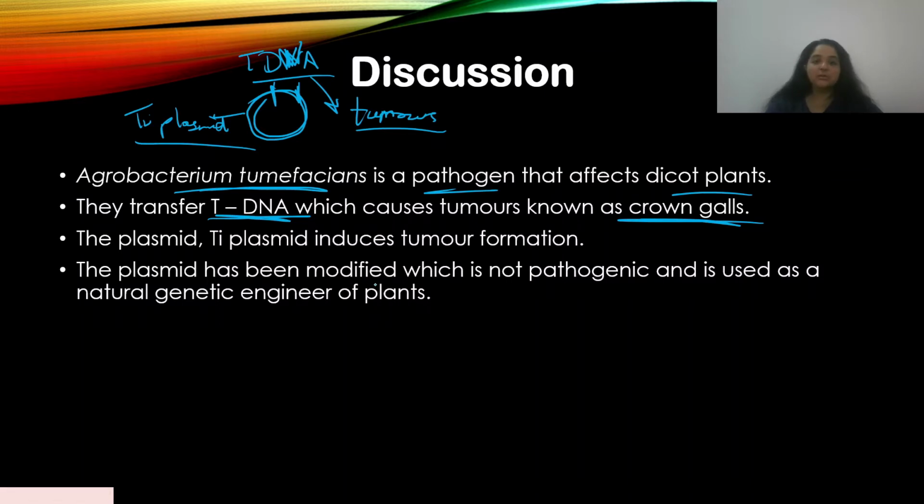So what scientists did is, they thought that if we remove this tDNA, then it won't be pathogenic anymore, because the tDNA is what's causing the tumor in these plants. In that place, we can put another gene of interest that would be helpful for the plant.